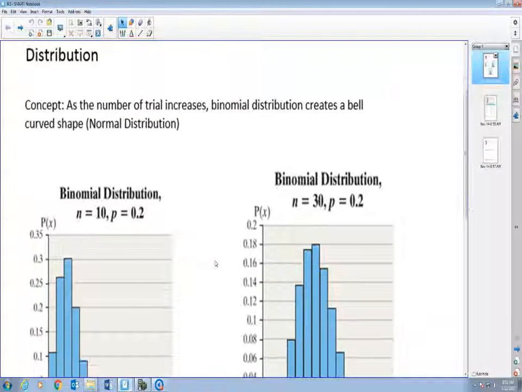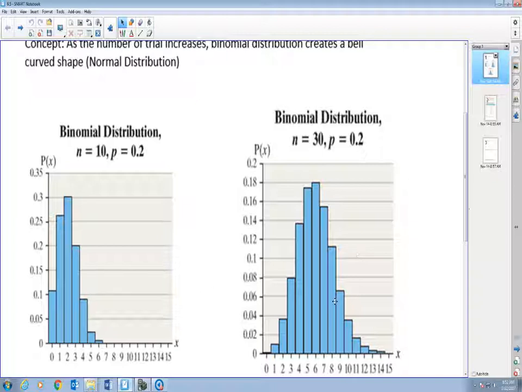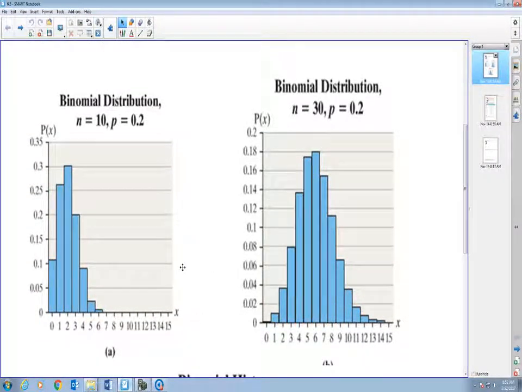So as the number of trials increases, my picture here shows that as the number of trials increases for the binomial distribution, this picture A here is number of trials is 10. This one is number of trials is 30.